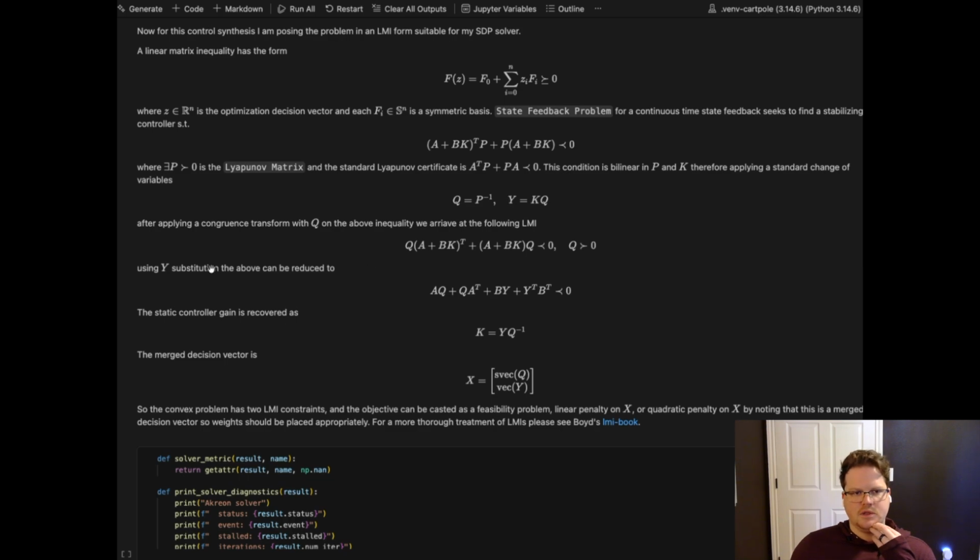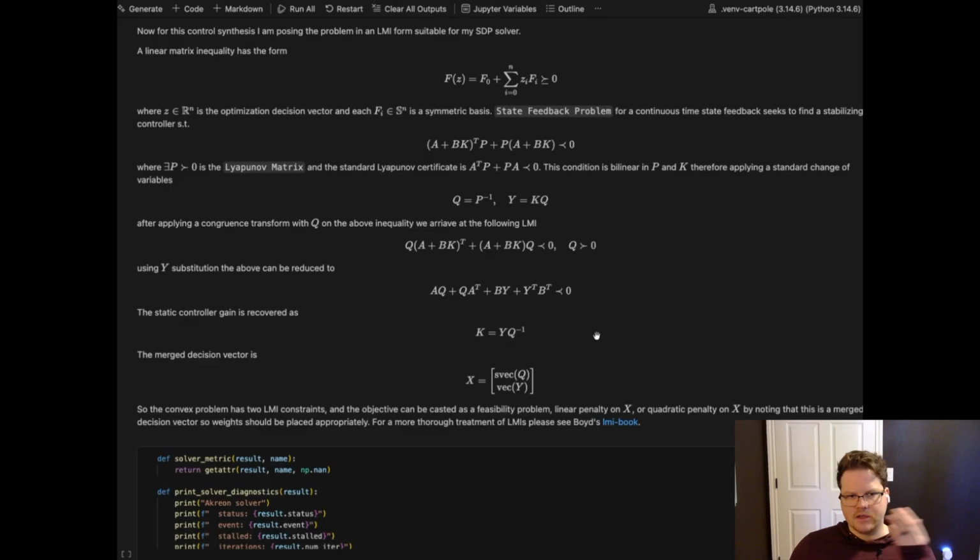And so then if we substitute in the Y, we can reduce it to this next LMI here, where our Y transpose B gets broken out. We've canceled some terms, and then we get this nice AQ plus QA transpose on the left-hand side. And so we're solving for this directly, as well as ensuring that Q is positive definite.